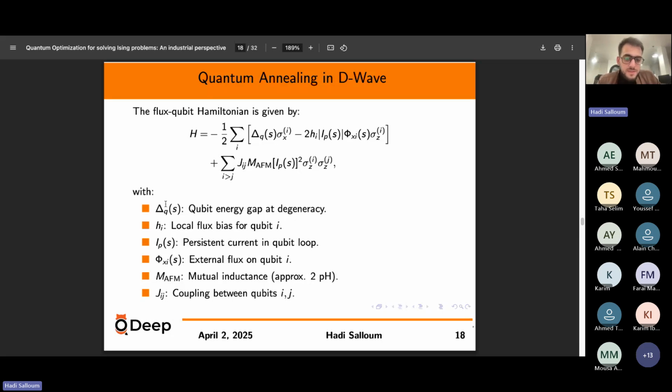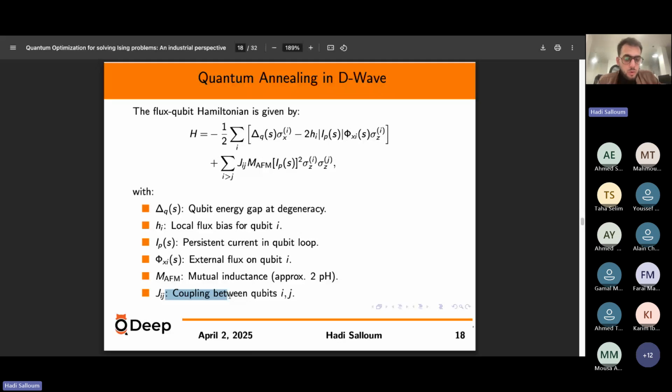We have delta for the energy gap, h_i is the local flux bias for the qubit, and we have the current in the qubit loop, I_p, the external flux on the qubit, and the mutual inductance, a coupling between qubit i and j.